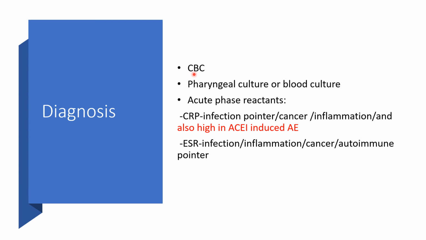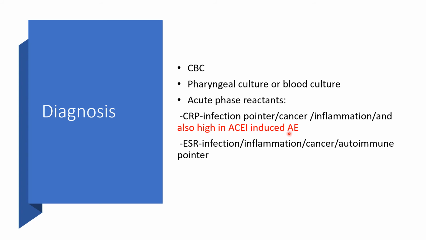We'll go to the lab for complete blood count, because differential white blood cell count can give us a clue to infection, right? Pharyngeal culture or blood culture, acute phase reactants like C-reactive protein that will be pointing to infection, cancer, inflammation, and also angiotensin converting enzyme induced angioedema.